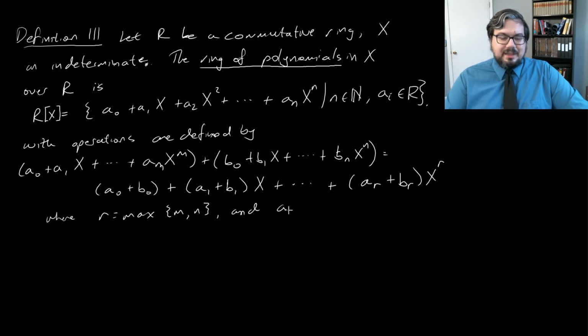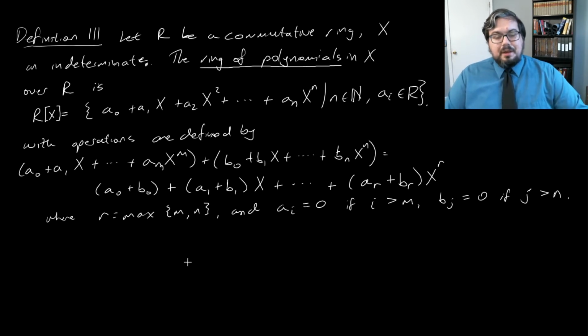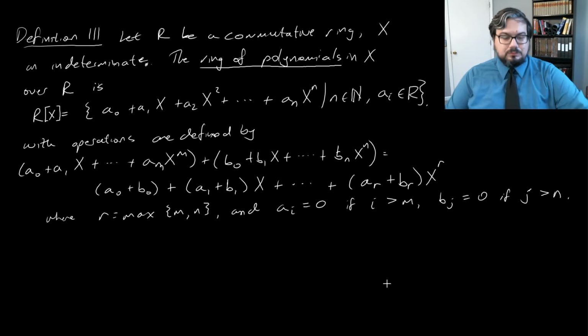We just say that we consider ai to be equal to 0 if i is greater than m, and bj is equal to 0 if j is greater than n. So we just add polynomials together by adding together the corresponding coefficients, and we treat any coefficient that doesn't appear as if it were just 0.